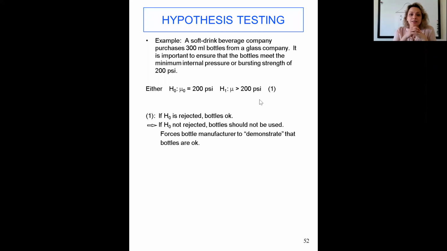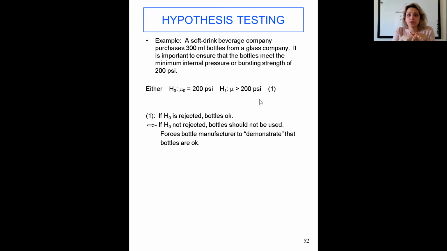Okay, so now let's look at an example of one-sided tests, where we are interested in how to choose between going with mu greater than some number, or mu less than some number. In this example, a soft drink beverage company purchases 300 milliliter bottles from a glass company.